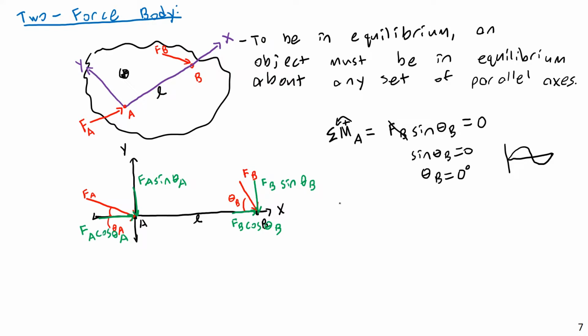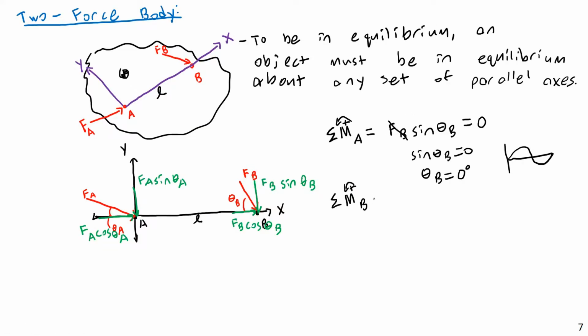Let's do the same for the moment about point B. So the summation of moments about point B. Let's see. The y component of the b force will not generate a moment because its line of action goes through point B. Same thing with the x component of force B and the x component of force A. Neither of these three forces will generate any moment about that point.